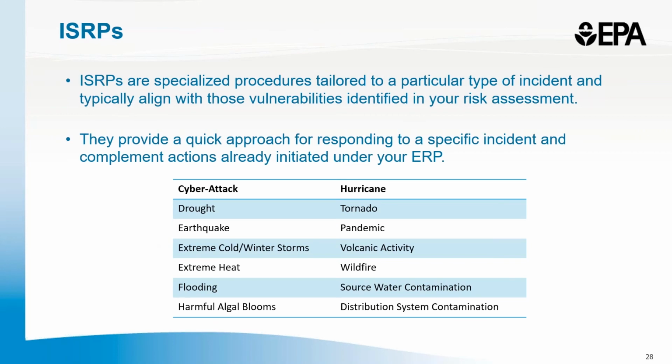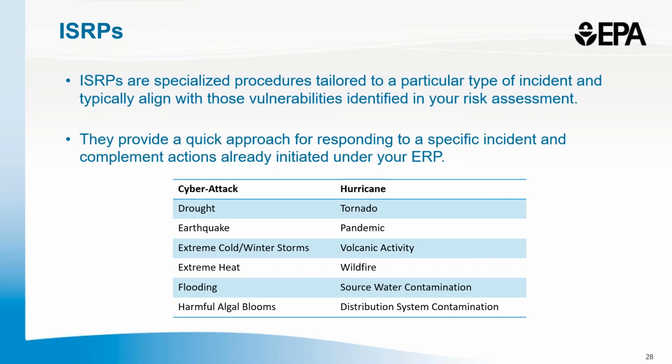The incident-specific response plans, in contrast to the core ones, are specialized procedures that are more tailored to this particular type of incident. EPA has developed a whole number of incident action checklists, and these are ones that you could use as part of your incident-specific response plan.